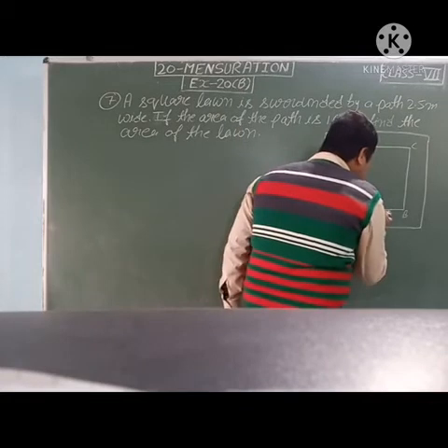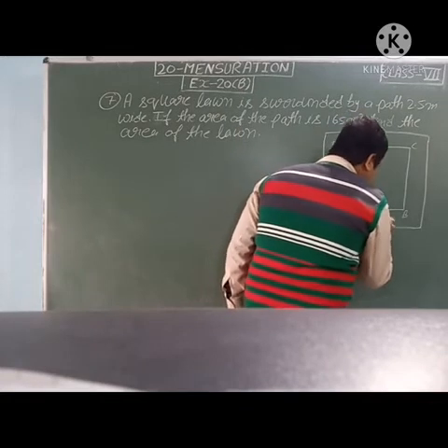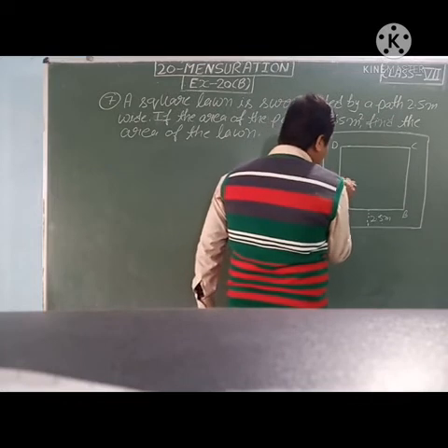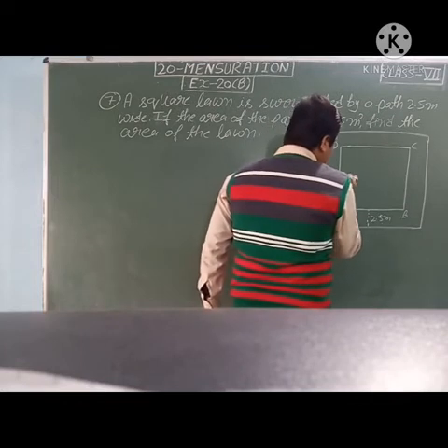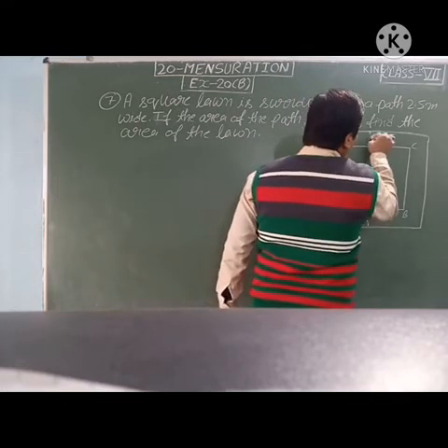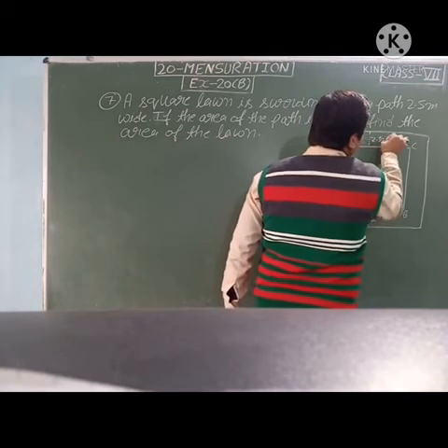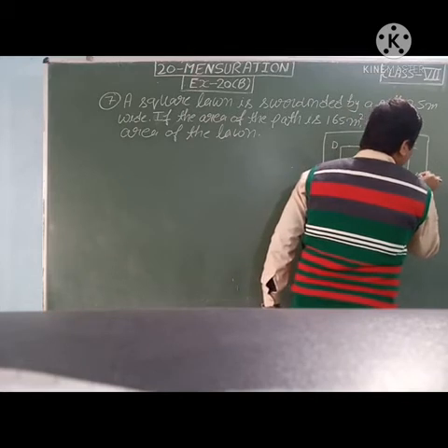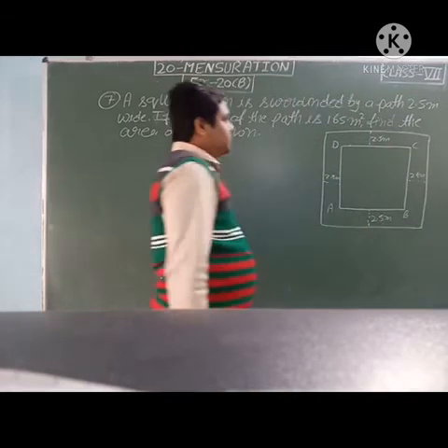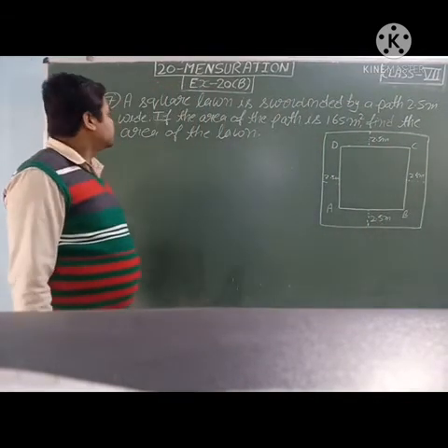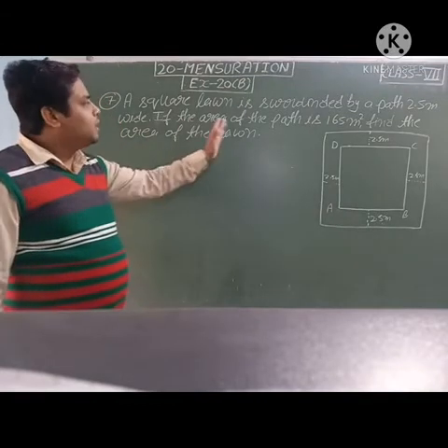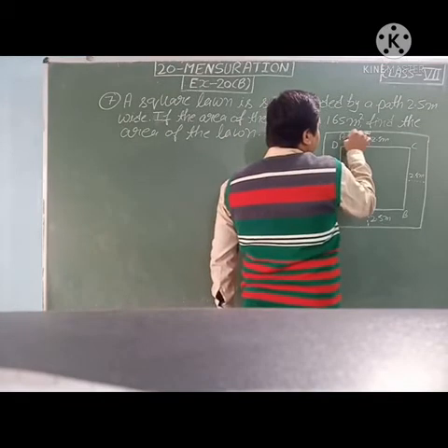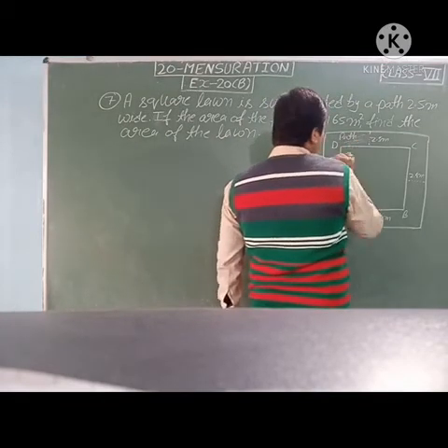Means this width is 2.5 meter. This side also 2.5 meter. This side also 2.5 meter. And this side also 2.5 meter. So students, the area of the path, this one is a path, whole area, this.